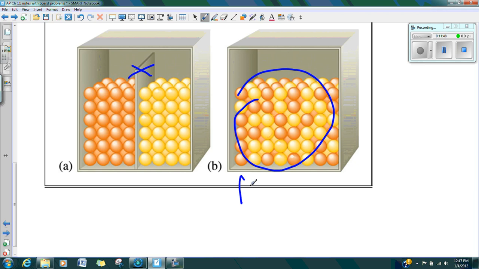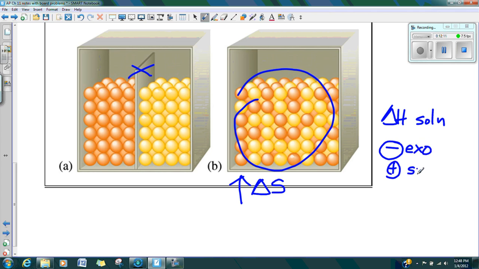Remember, nature says that increased entropy is very favorable. And so that entropy, that craziness, is fine because it has lower energy. So if our change in heat of our overall solution is exothermic, and the endothermic part is very, very small, then we know that our solution is going to form.